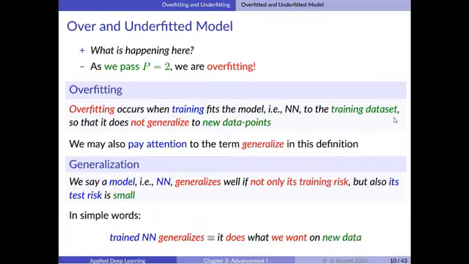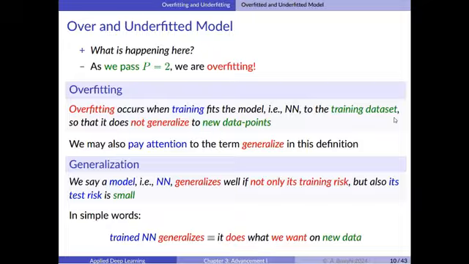And as we pass p equal to 2, we are overfitting, and overfitting occurs when training fits the model, which is, you know, the network cannot generalize this data anymore to new data points.